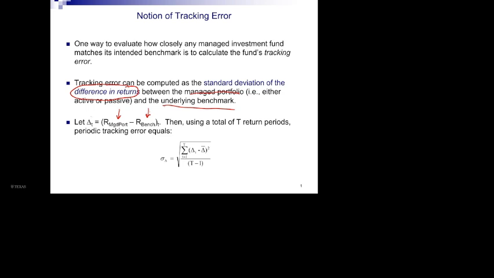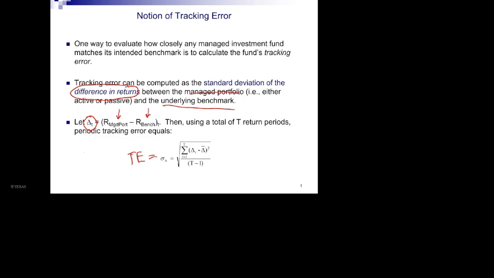And so let's call that return differential in each period the delta. And then what tracking error represents is simply the standard deviation of the differences in returns. And so that formula is shown there. We'll look at some examples in a second.